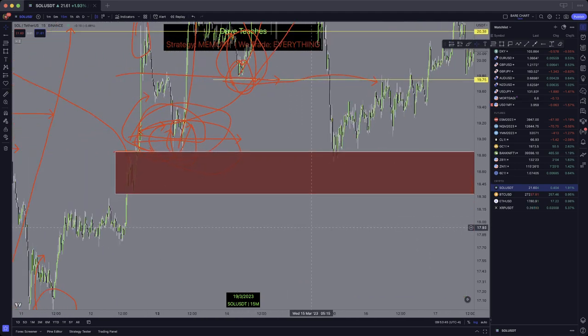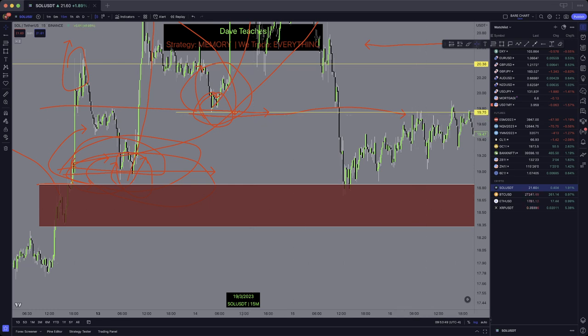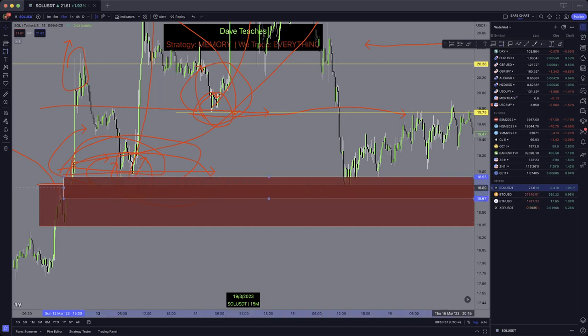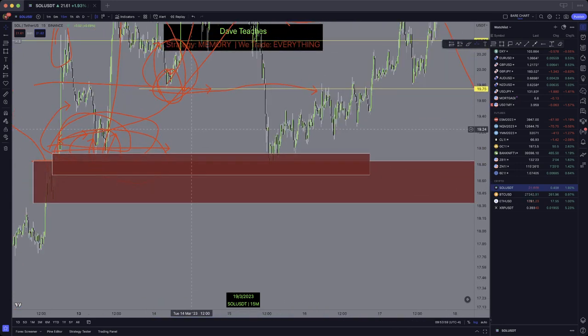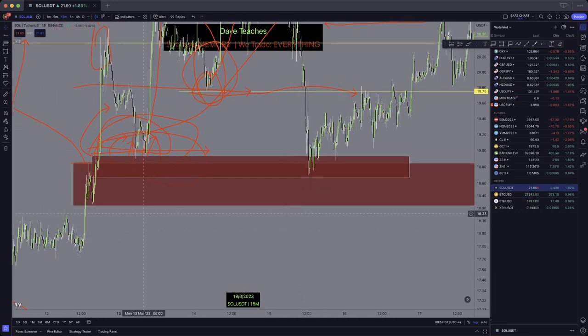And if you look here, had I been using a zone that's mitigated multiple times, look at this. Tap here, tap here, tap here, goes, tap back in here.